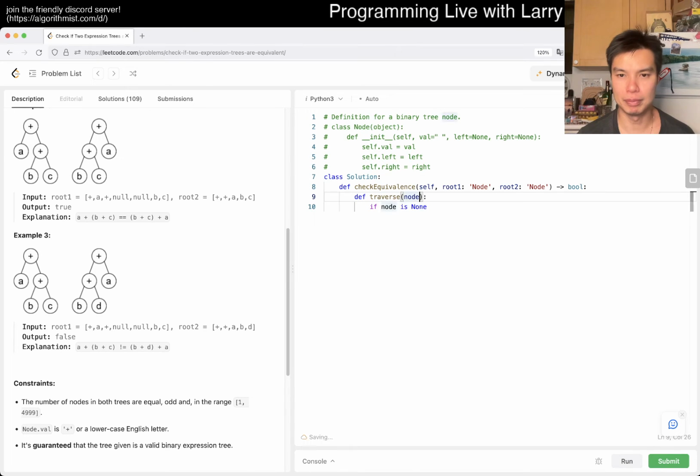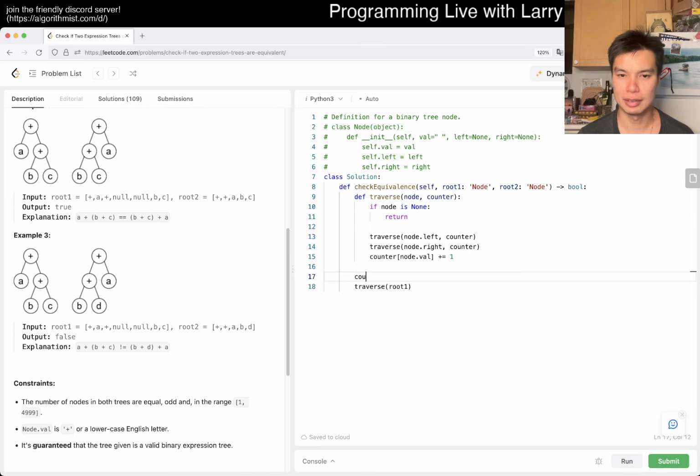Let's just put in the counter. I think maybe just keep it a little bit easier. Otherwise, you have to return counters all over the place, which is a little bit awkward. Right, so we traverse root one.